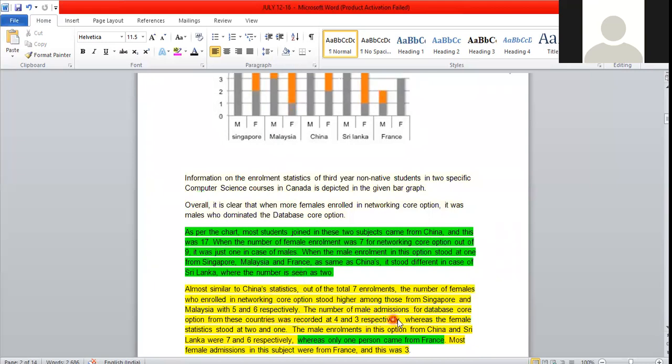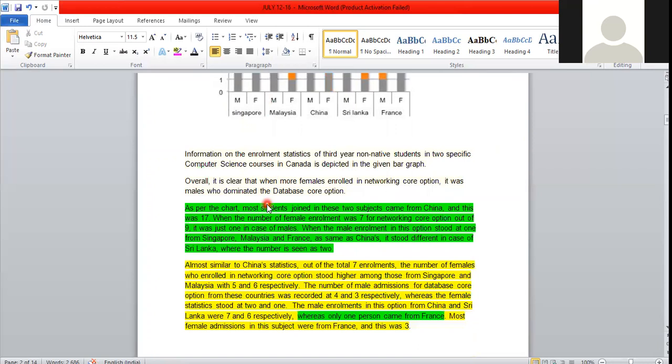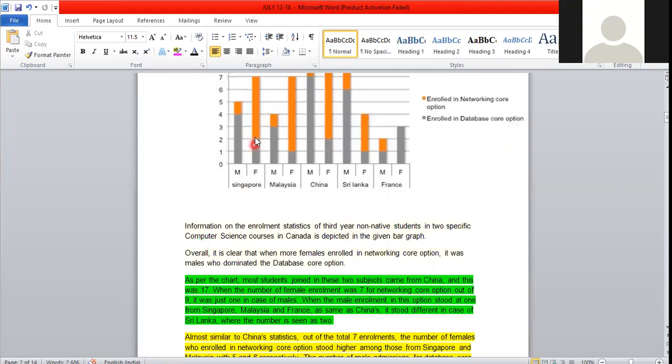The number of male admissions for database core option from these countries was recorded at 4 and 3 respectively. So male admissions, it's 4 and 3 respectively. Whereas the female statistics stood at 2 and 1.